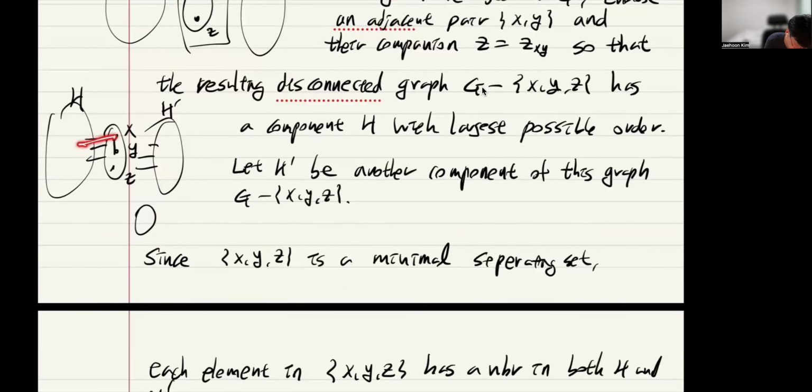Because if it has a neighbor in H prime but doesn't have a neighbor in H, then we could just delete x and y, and this only separates H prime from the other. By the same logic, if only these two have a neighbor in H prime and x doesn't, then just deleting these two already separates H prime from the other part.